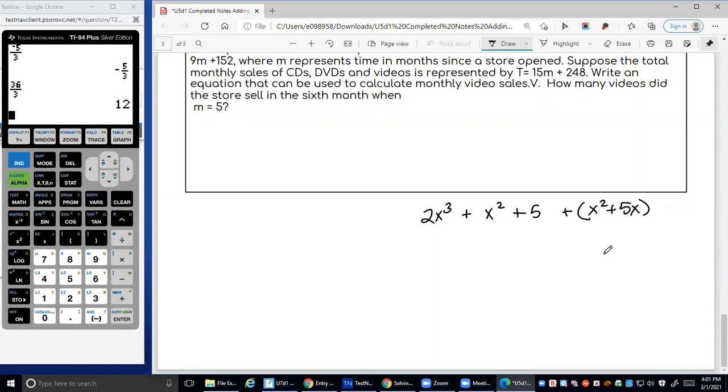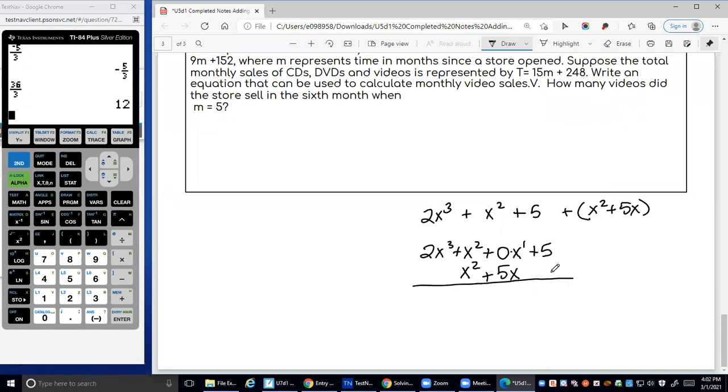If you were doing this by putting in a little placeholder, because notice that we don't have a place where x is just to the power of 1, I can put 0 times x to the power of 1 plus 5, right? So now I have a place to put x squared. That's going to go right here. And now I have a place to put the 5x. That's going to go plus here.